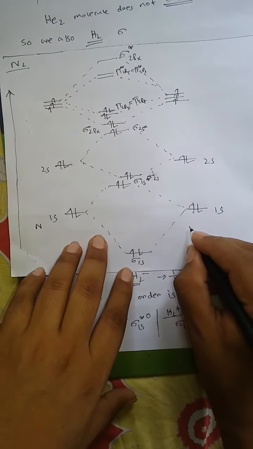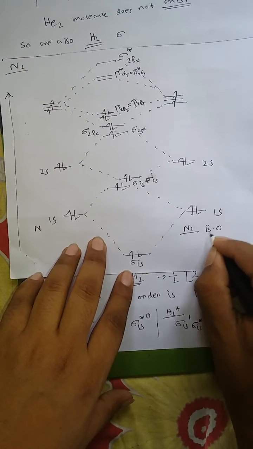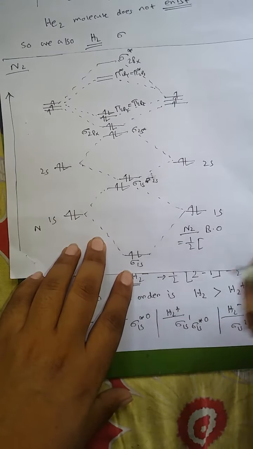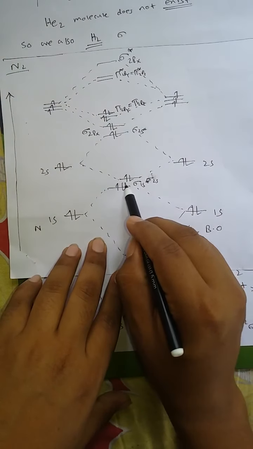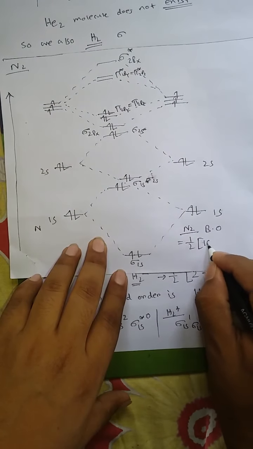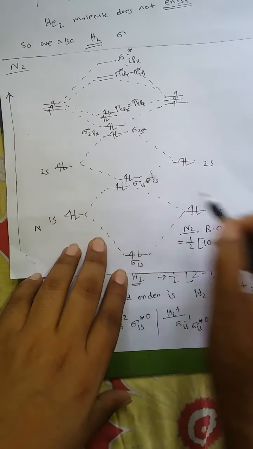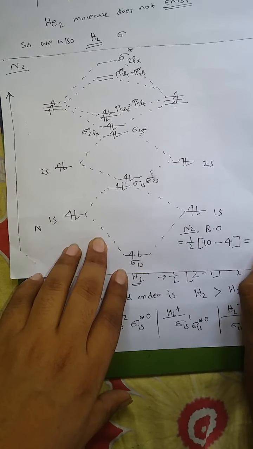So in case of nitrogen, bond order is half into the number of electrons present in BMO, 10, minus the number of electrons present in ABMO, 4. So 6 into half, that means 3.